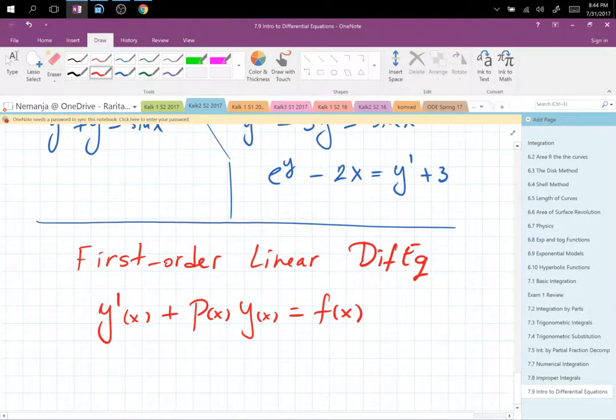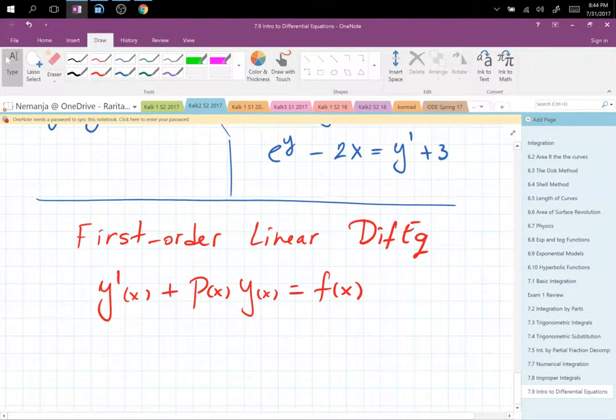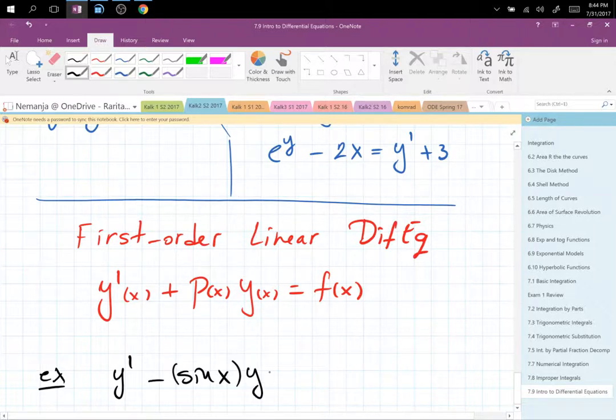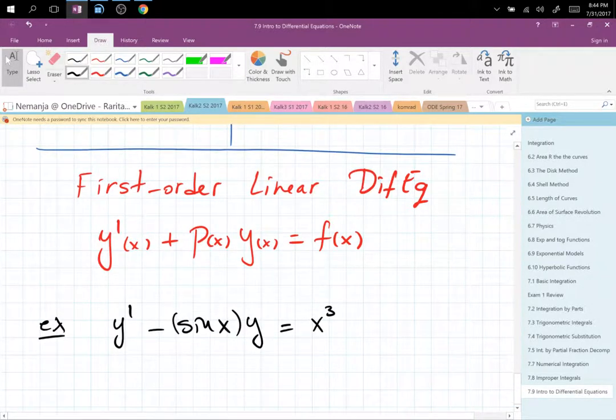So this is the first order linear differential equation, and we can come up with pretty much any example of this. So y prime minus sine x times y is equal to x cubed, whatever. That will be the example.